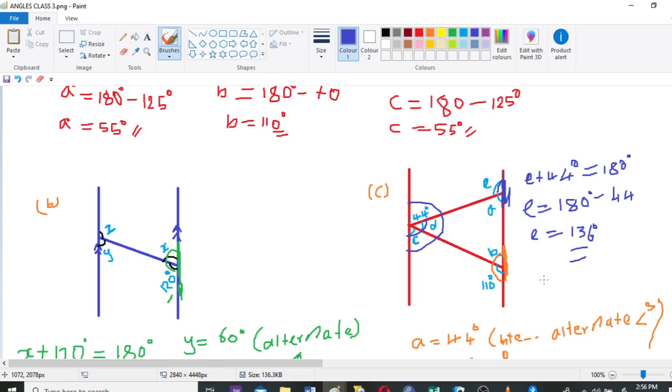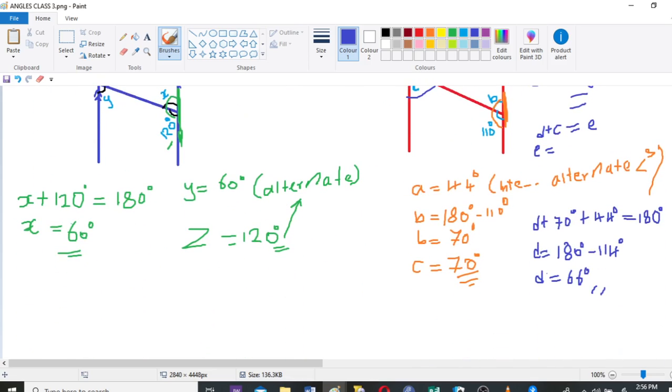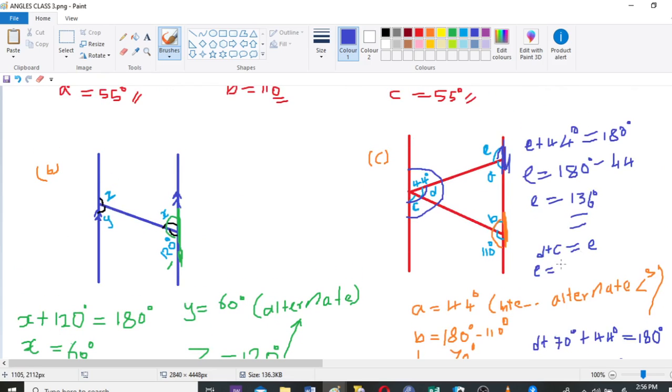If we add D plus C, this should also give us the size of angle E. Now we found E to be 136, so let's add the sizes of angle D and C. Angle C and D were 70 and 66, so adding 70 and 66, are we getting 136?